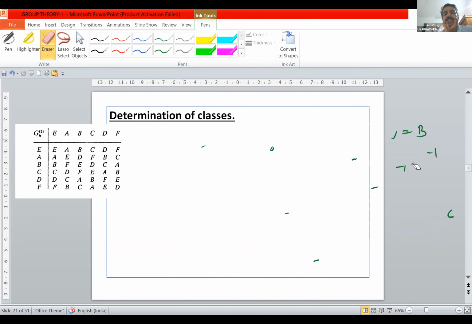For example, consider this group. This is a group of order 6. We are naming it G63.